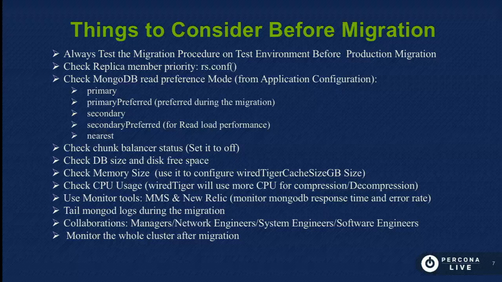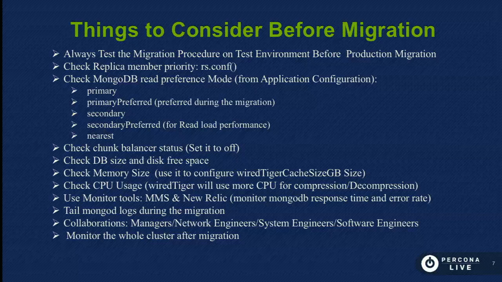When we do the migration and failover, because we do the migration on the secondary first, it will cause timeouts. So before we do the migration, we had better change it to primaryPreferred. After that, you can switch back. We did meet this kind of scenario during the migration. If you don't switch back, it will cause a lot of issues.